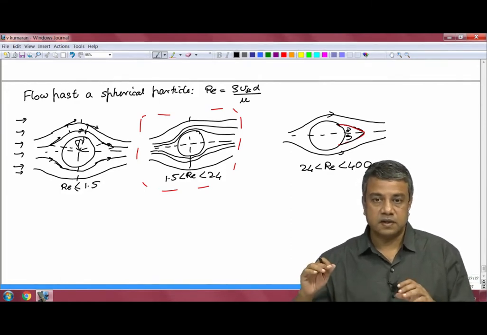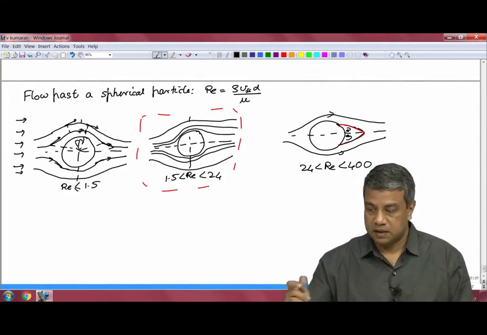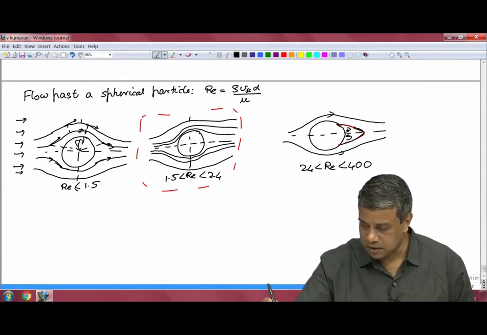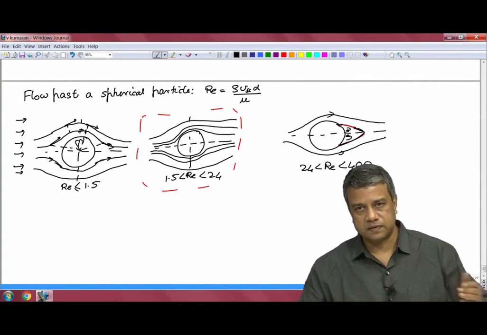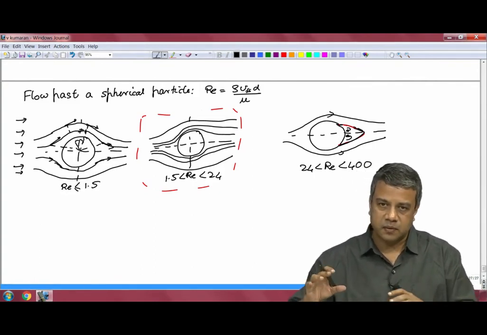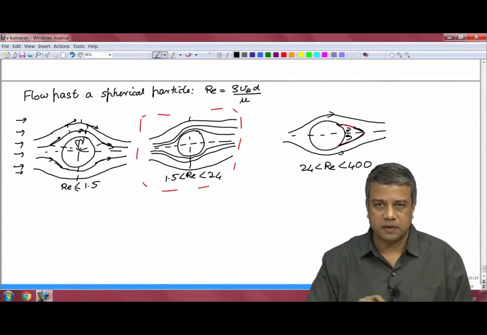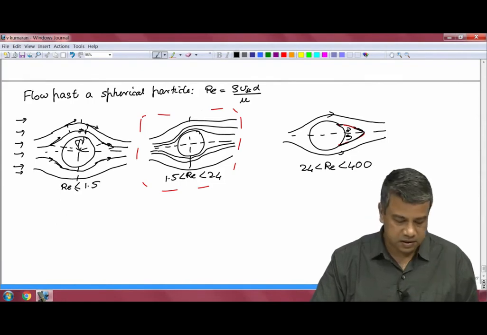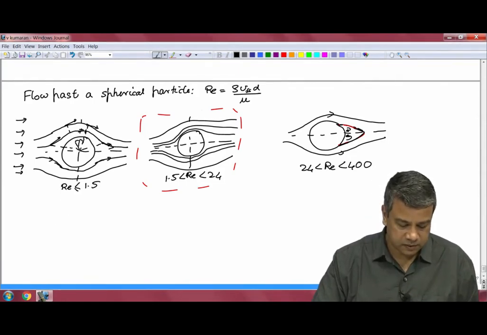So, as far as the flow is concerned, the region within this separation bubble is not accessible to the fluid that is flowing past the surface. So, the object has a sort of modified shape, with a separation bubble at the rear. That happens when the Reynolds number is in the range of about 24 to about 400 or so.